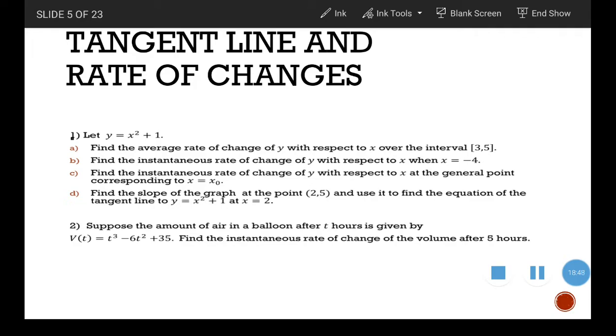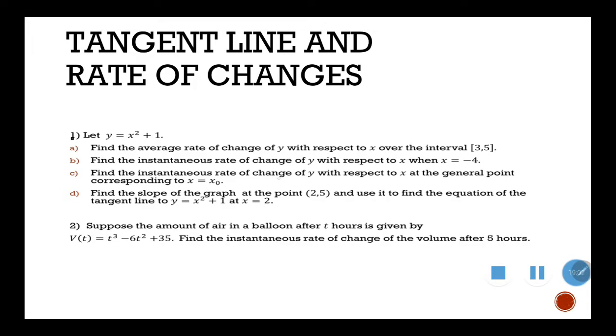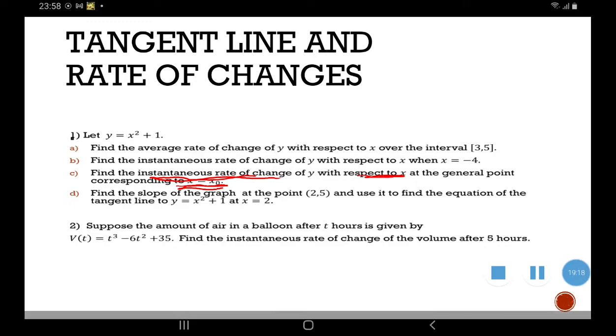So now we're going to find the answer for question 1c. Question 1c wants us to find the instantaneous rate of change of y with respect to x at the general point corresponding to x equal to x naught.